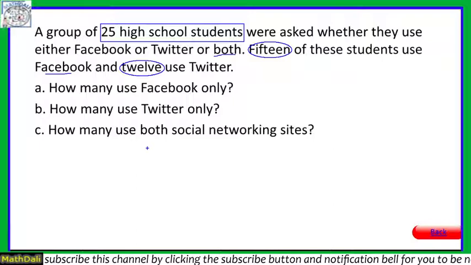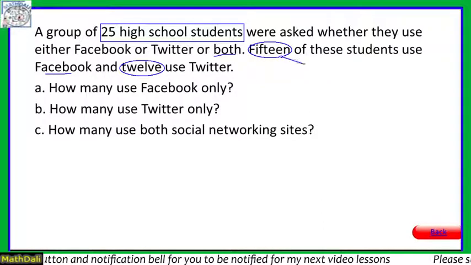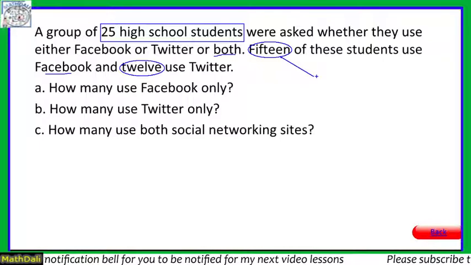Okay, so represent muna natin yung ating mga given gamit yung cardinality, yung notation natin ng cardinality. So itong 15 na to, this is the number of student who use Facebook. Gagamitin ko dito yung set F. Oh no, masyadong maliit yung text.